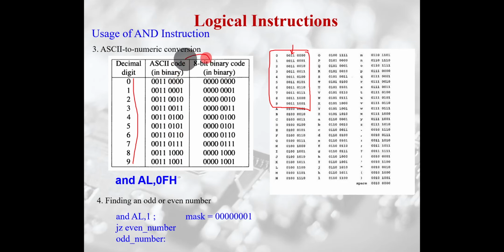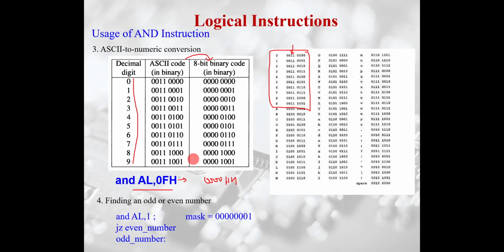Now if I have to convert this input which is coming from the keyboard into pure binary, I need to just remove this 3. All I need to do is an AND of the data which is being received here with 0F. What is 0F? It will be 0, 0, 0, 0, and then 1, 1, 1, 1.